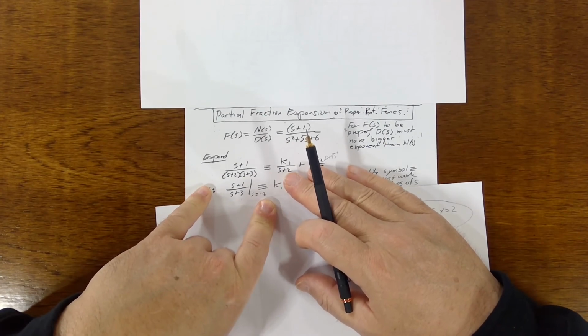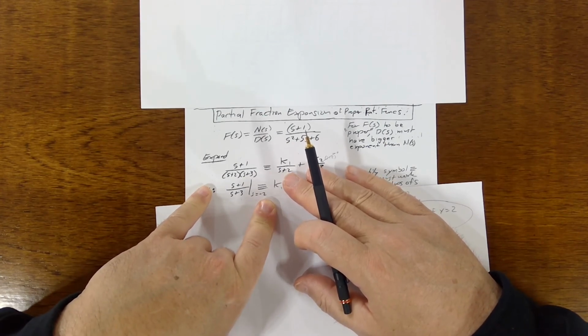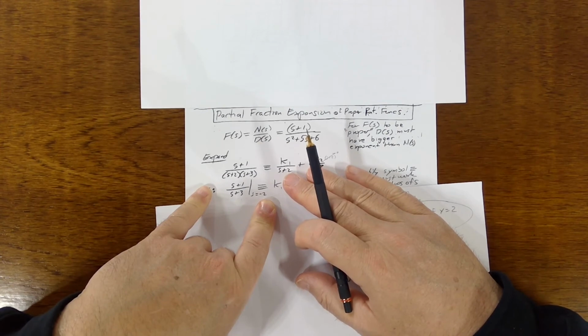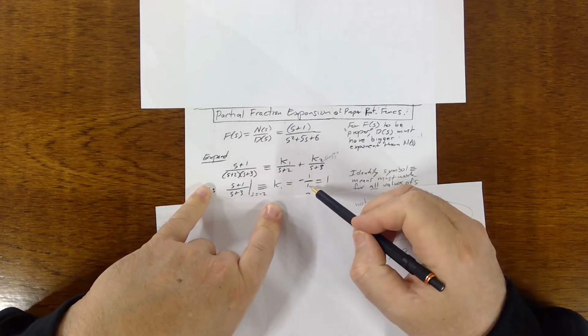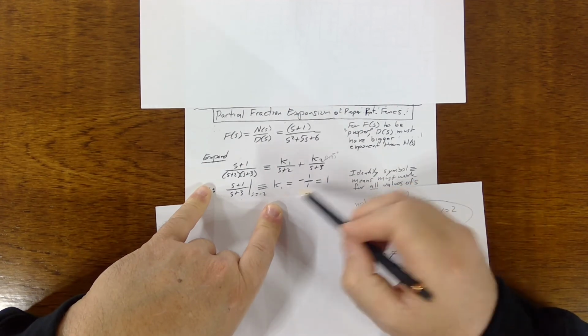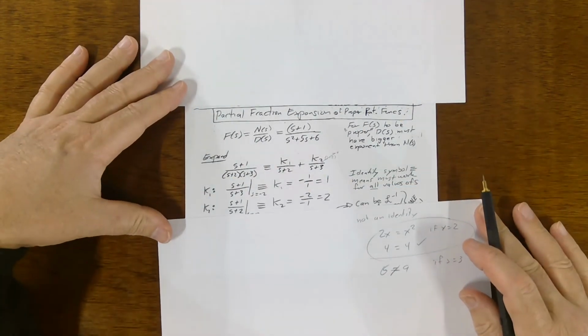I'll have some more examples of this, but this is just a shorthand way to explain these partial fractions. So you put in the minus 2 and you get minus 1 over 1, which is 1.